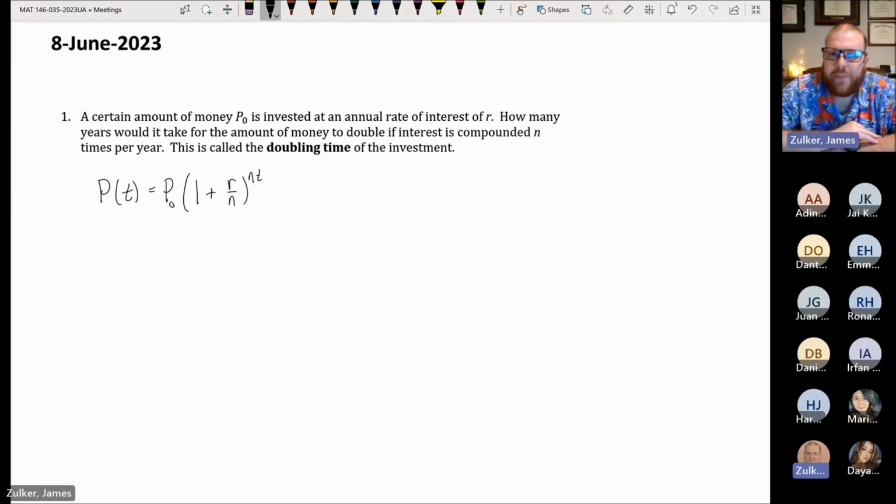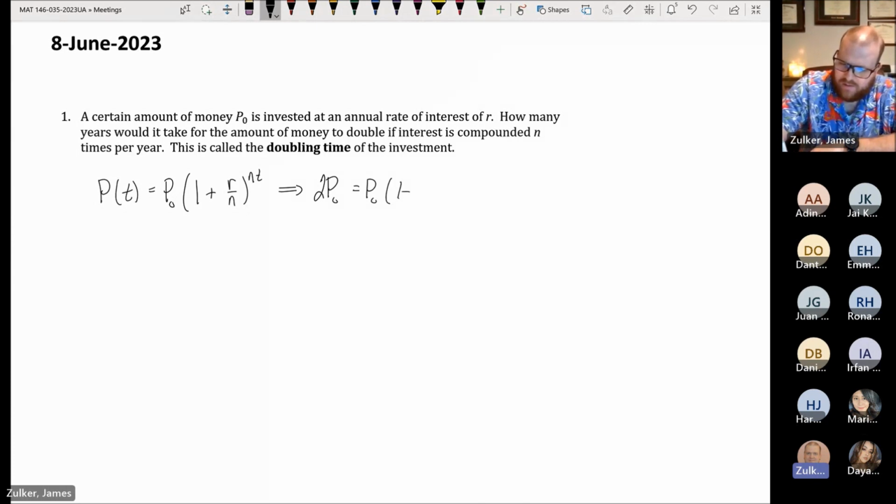We want to find the time t it takes for P of t to be twice our investment. Right? That's P naught. Divide both sides by P naught.